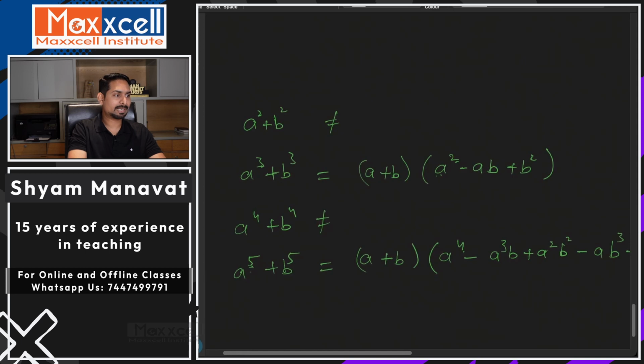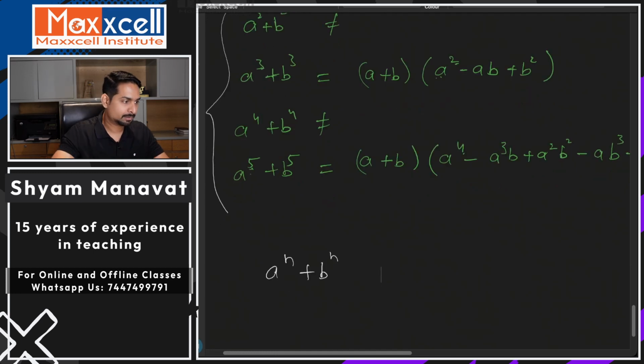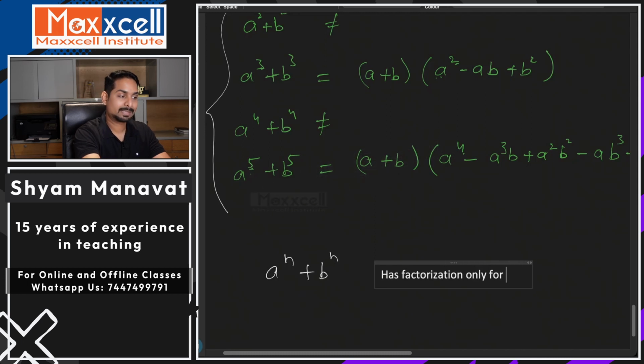So there is no factorization formula for a square plus b square, and no factorization formula for a to the power 4 plus b to the power 4. Here we understand that a to the power n plus b to the power n has factorization only for n odd.